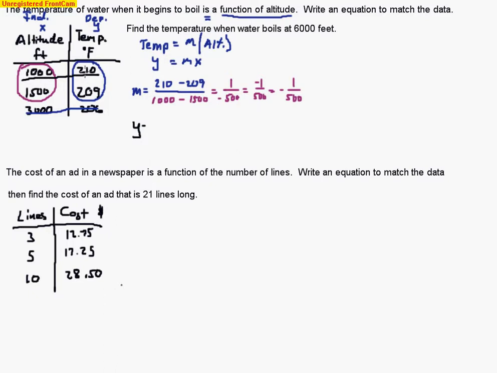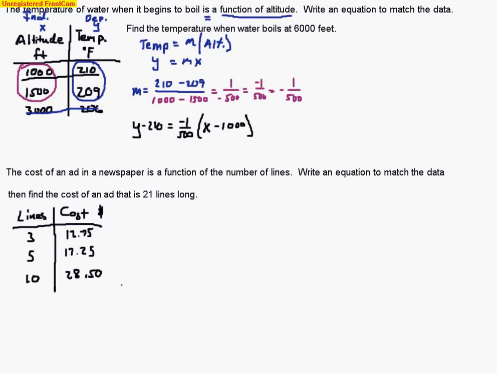My y value is 210, so I put 210 next to the y. So y minus 210 equals the slope, negative 1 over 500, multiplied by x minus the x value, 1,000. Again, you could have used either of these other 2 points. I just chose to use the first one.